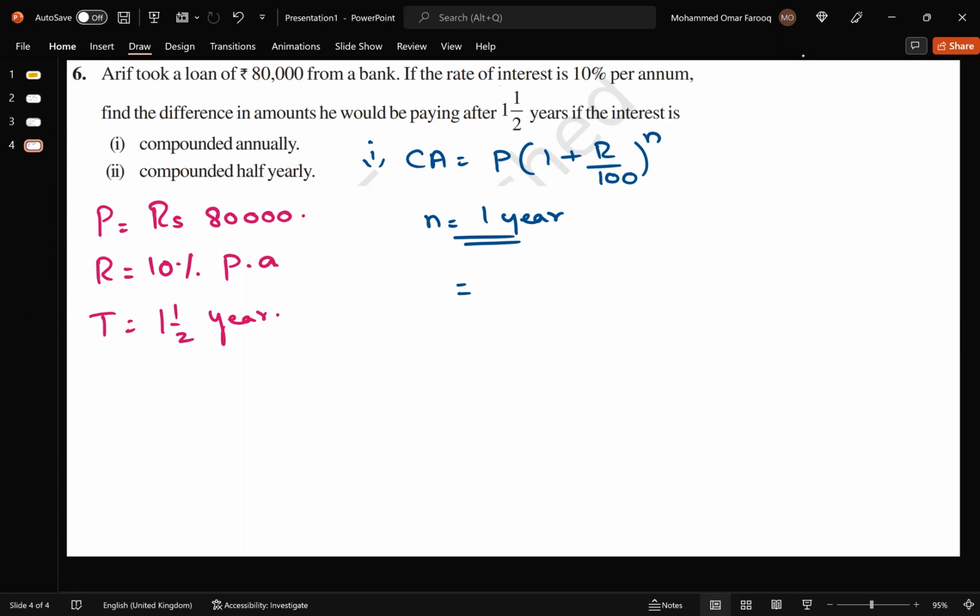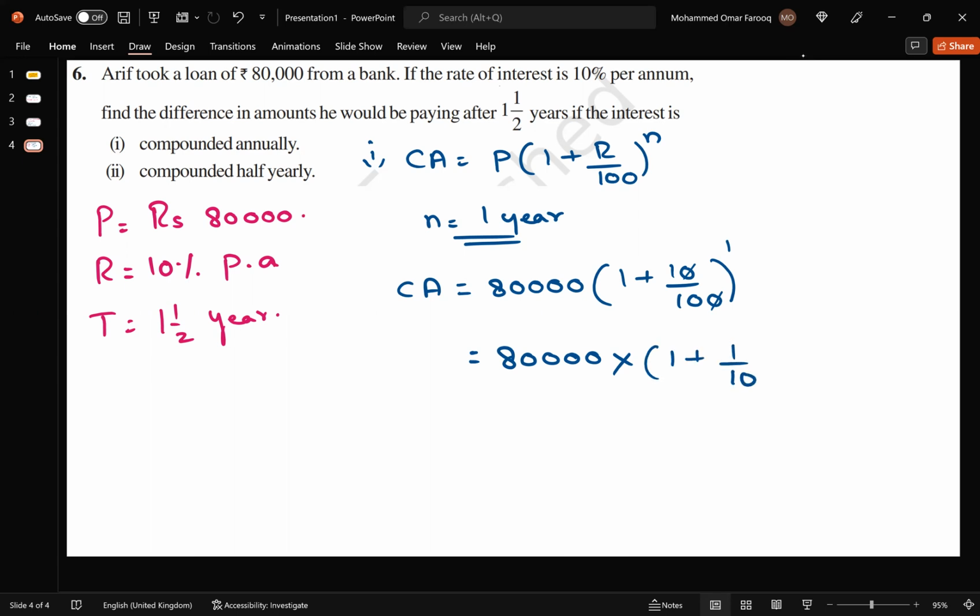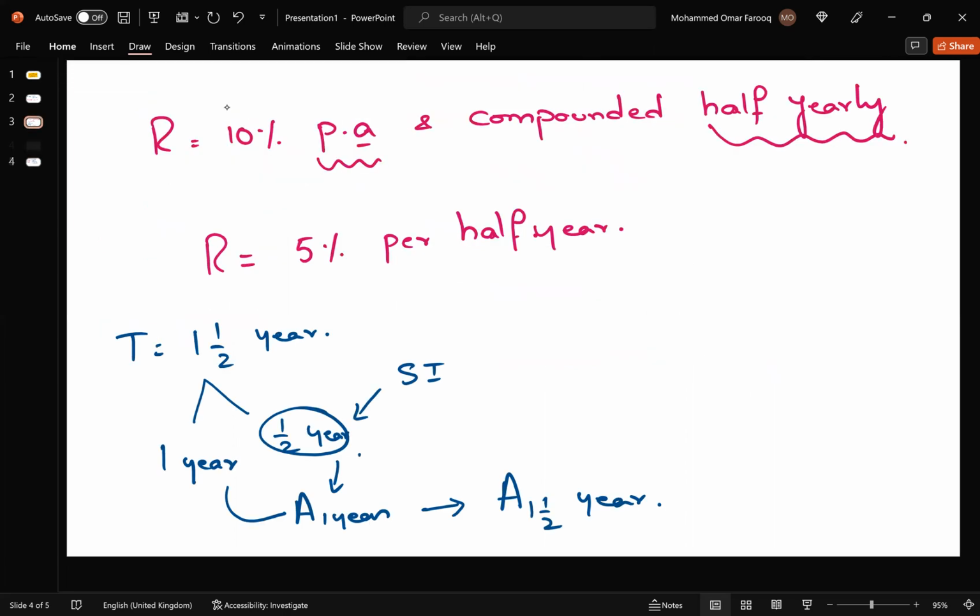So compound amount equals principal 80,000 multiplied by (1 plus 10 by 100) whole to the power of 1, since it is 1 year. That equals 80,000 multiplied by, 10 divided by 100 is 1 by 10, so 1 plus 1 by 10. We have seen before how to do 1 plus 1 by 10.